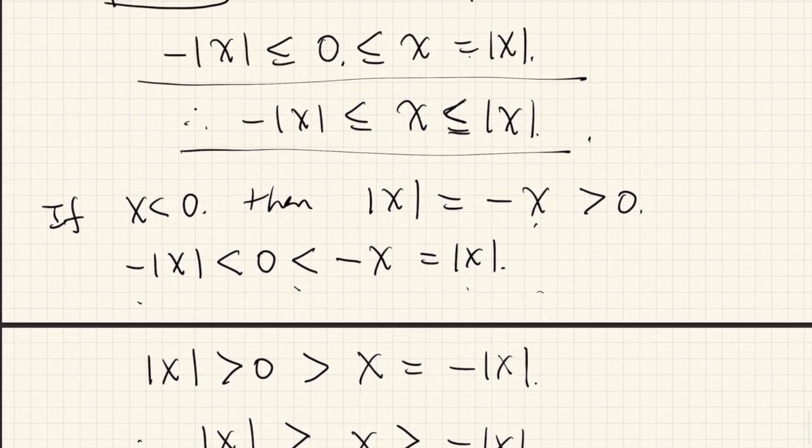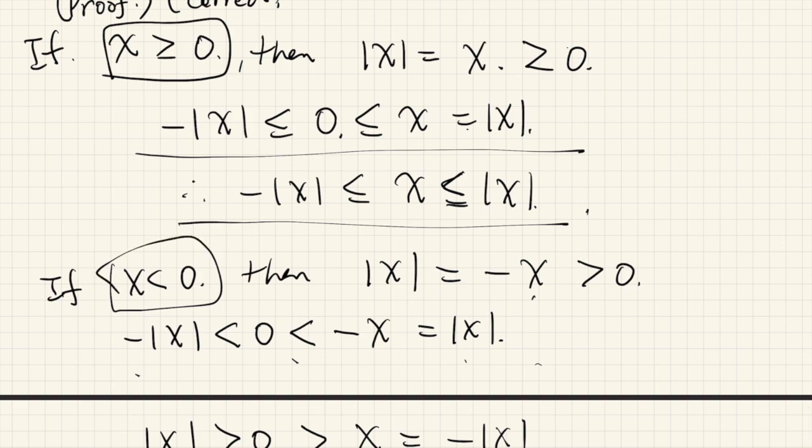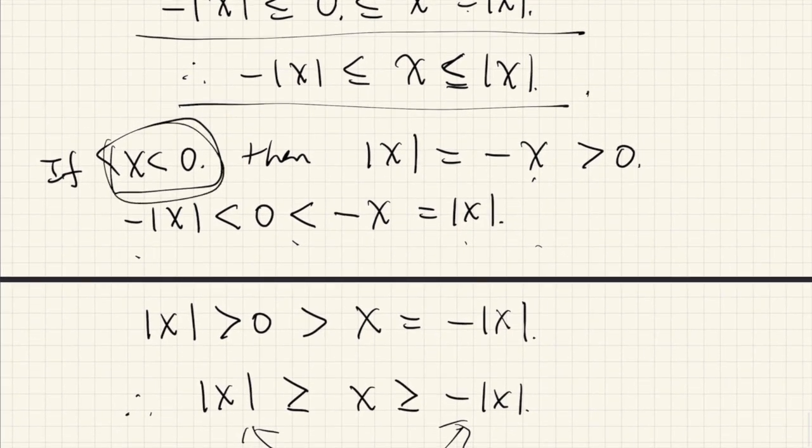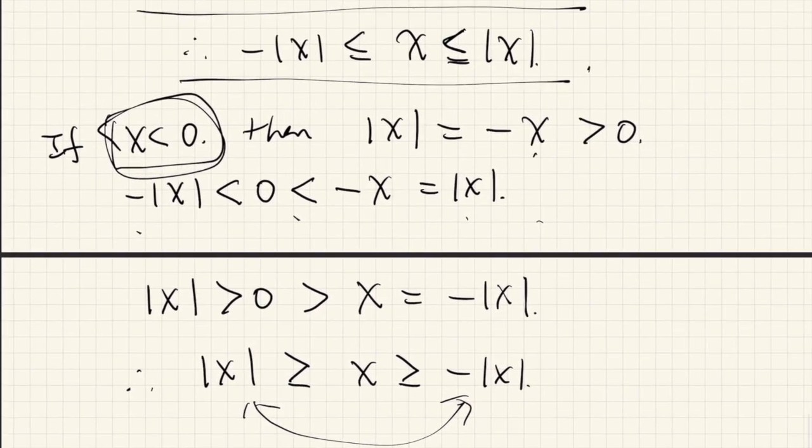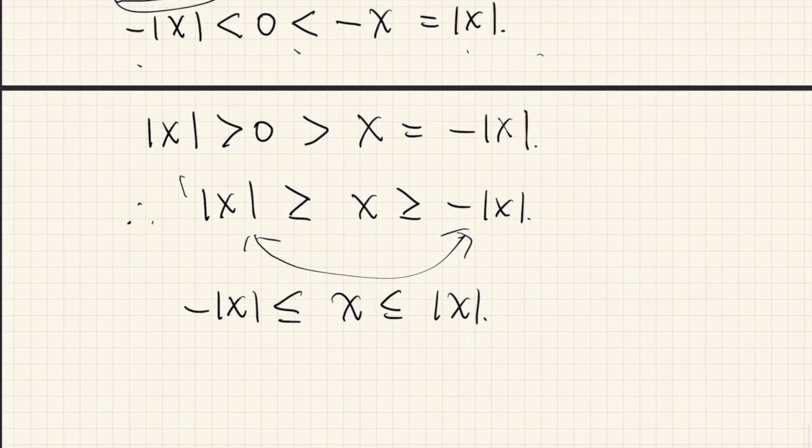So in either case, this completes all the possibilities. x can be either 0 or positive, or x is negative. So in either case, we have this and this.